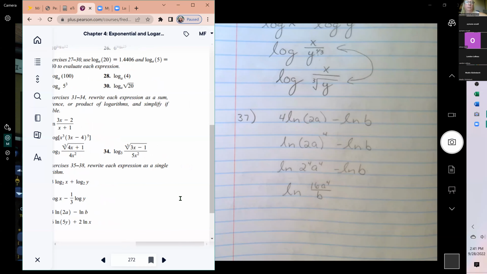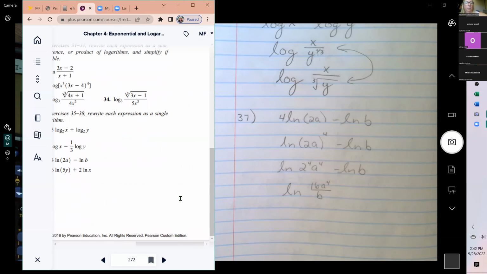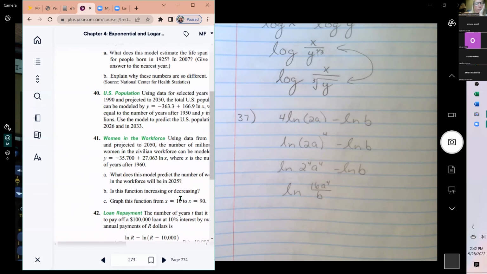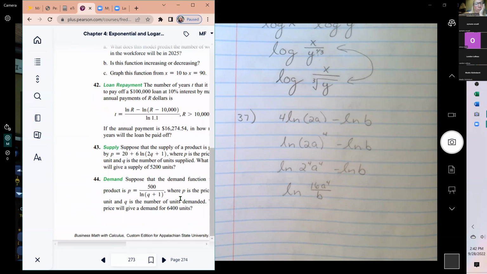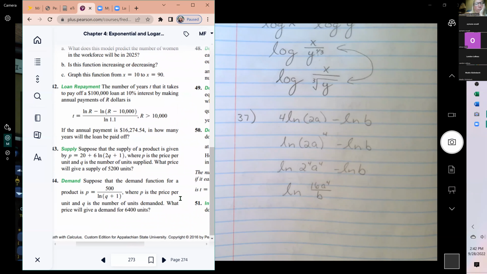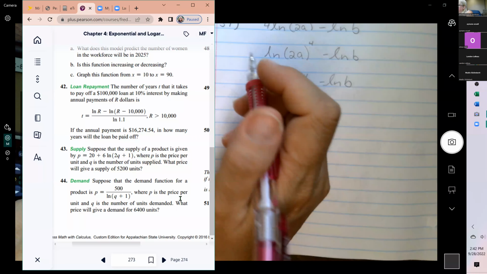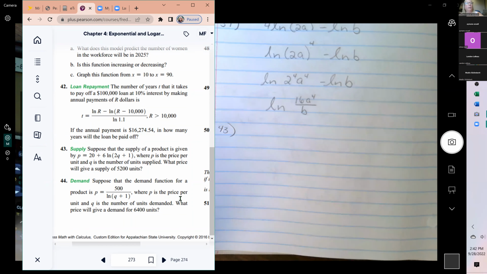Number 43. Suppose that the supply of a product is given by P equals 20 plus 6 natural log of 2Q plus 1, where P is the price per unit and Q is the number of units supplied.